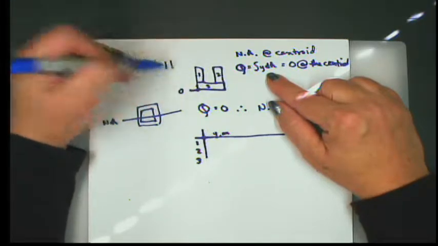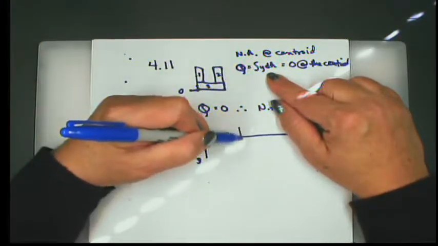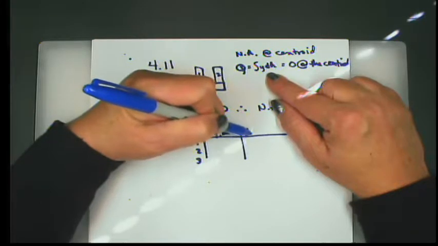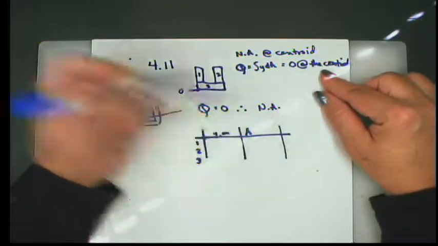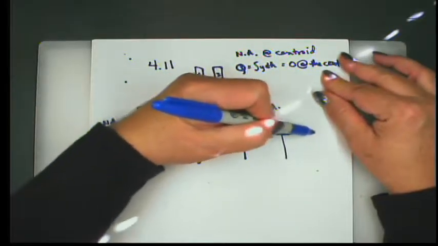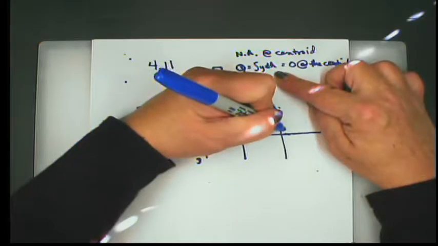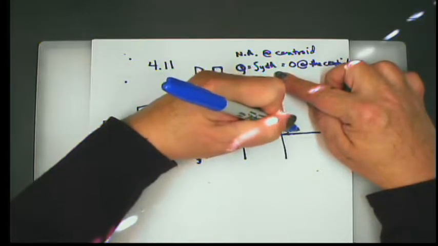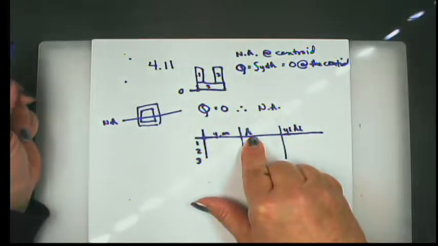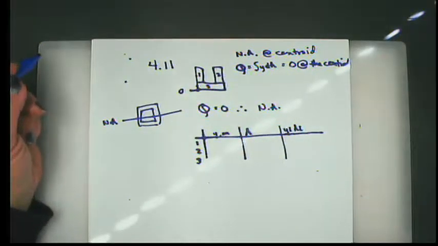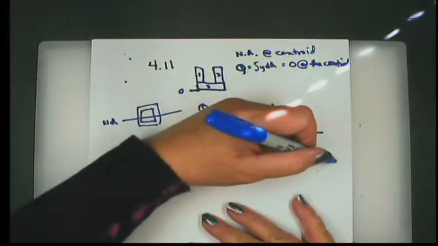Okay, it's a distance. Then I compute the area of each of those shapes by multiplying, in this case, the base times the height. Then I find the little piece of Q, which is yi times Ai. In other words, the individual y value times the individual A value.